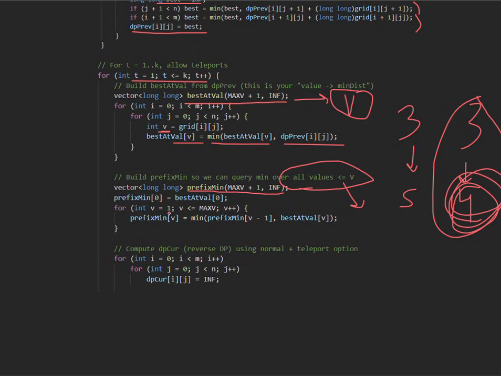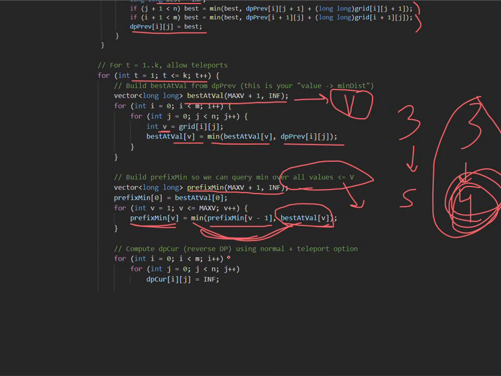Prefix min of v minus 1 stores the lowest cost up to the value v minus 1, and the best value at v stores the minimum distance that the cells having value v take. The minimum of these two will be stored at prefix min of v.